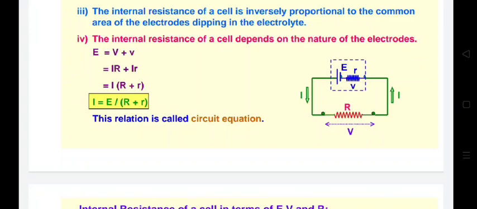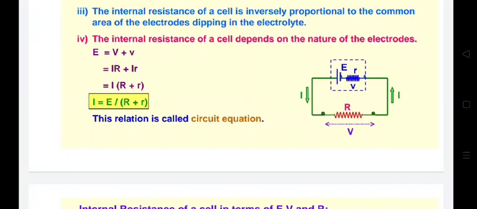The current can be measured by putting an ammeter in the circuit, and the potential difference across the resistance can also be measured by putting a voltmeter in parallel to the connection.